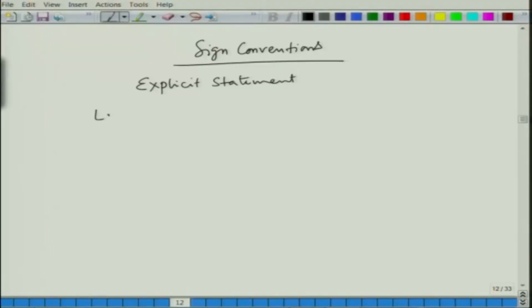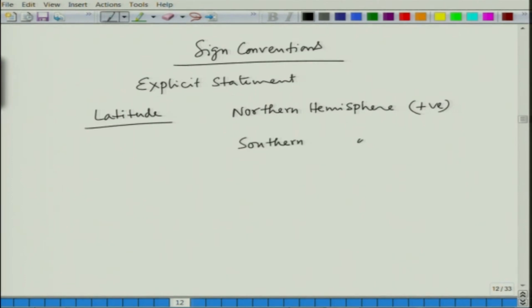Okay. So, first is the simplest one, the latitude. Latitude, you know that northern hemisphere is taken positive, okay, and southern hemisphere is taken negative.